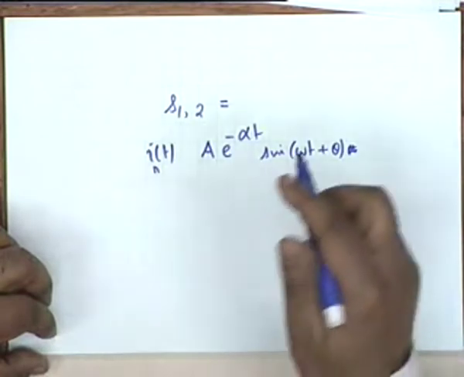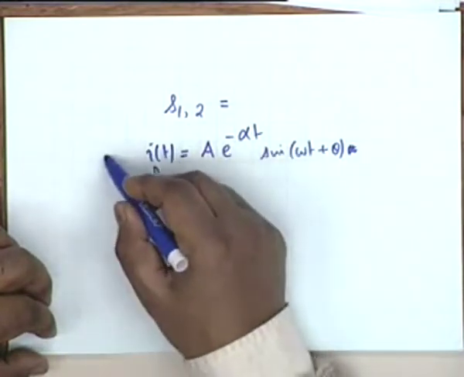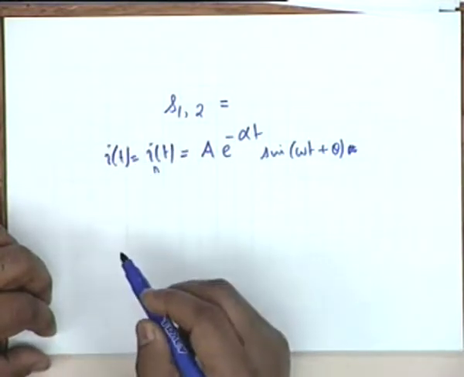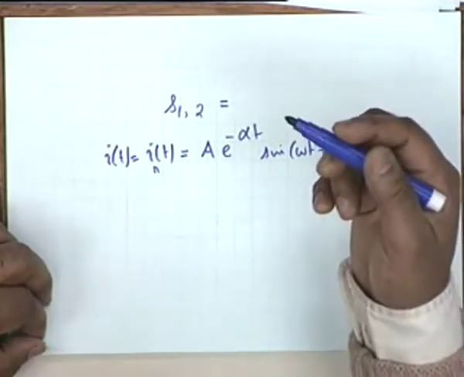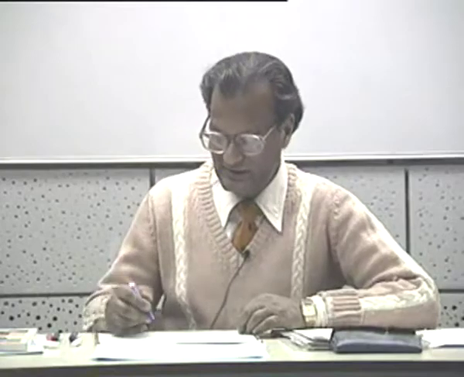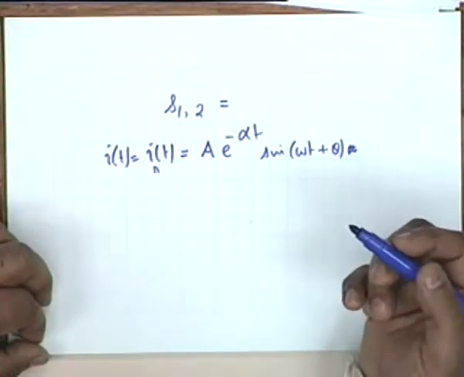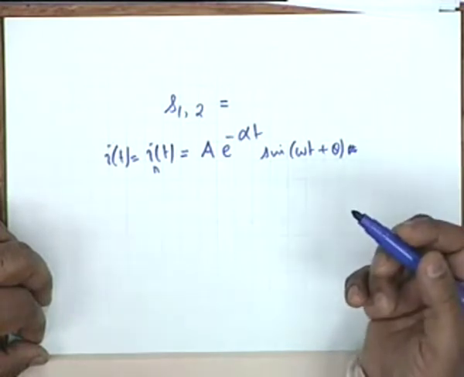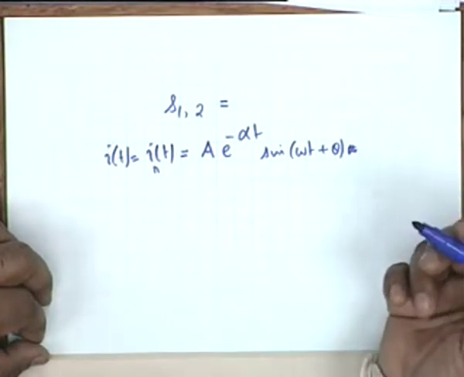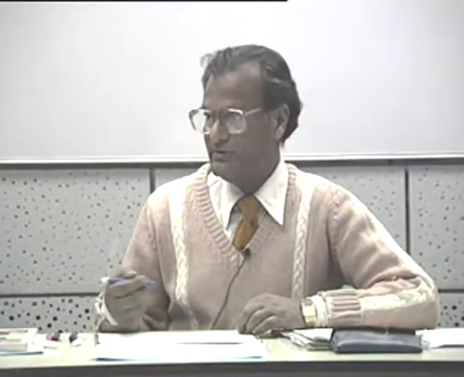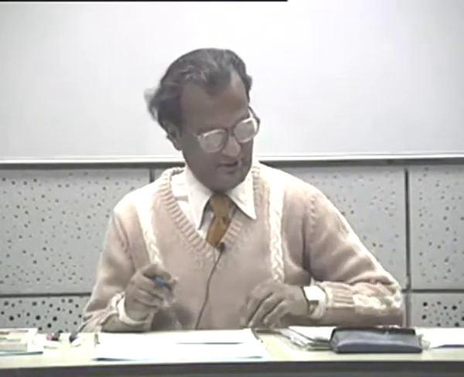And in common with the previous example, this must also be the total response of the circuit, because the forced response, it is after all a DC battery, forced response is 0. From this you can find out A and theta by equating the initial current, A sin theta, equal to 0, and the initial di/dt also equal to 0. The two equations will then determine the constants.